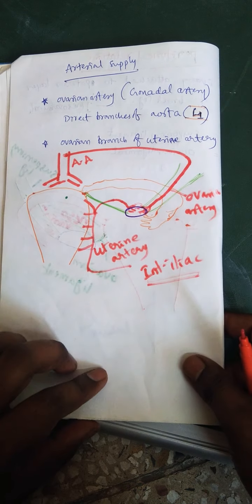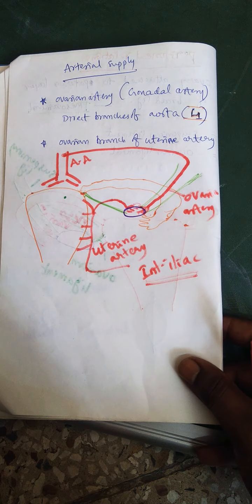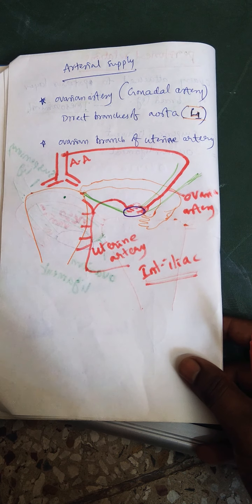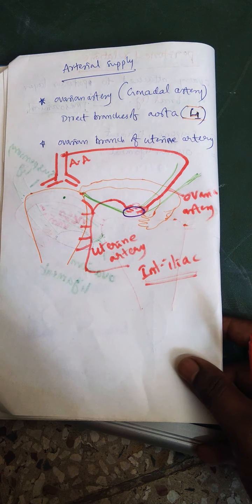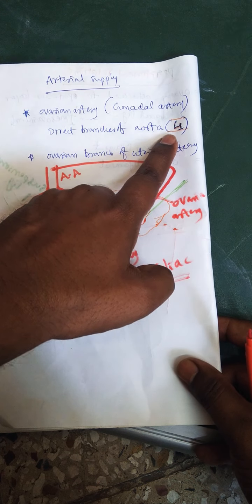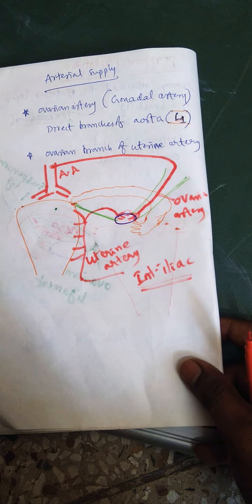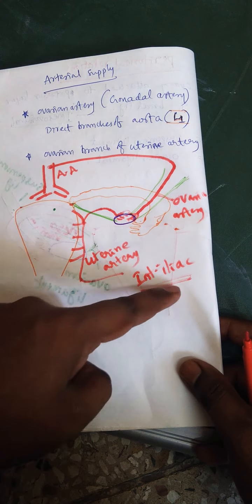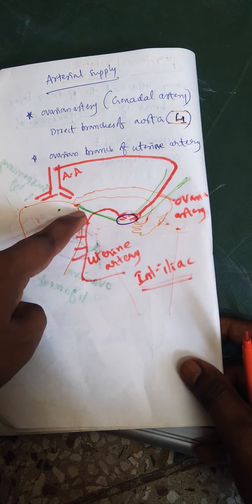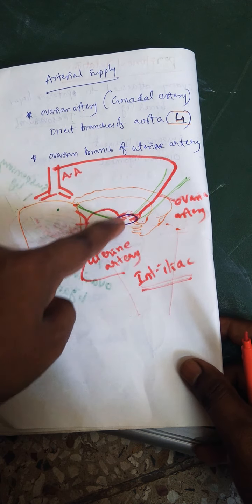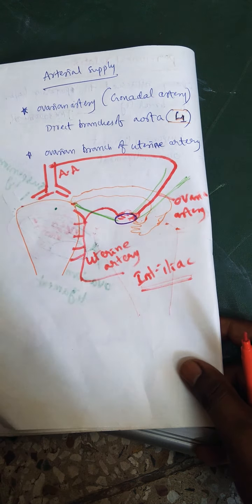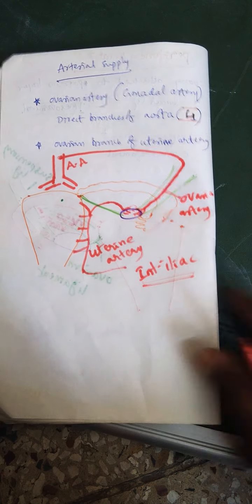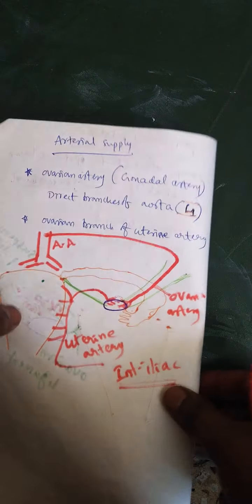So we have two sources: ovarian arteries, also called gonadal arteries, direct branches from the aorta. The level of origin of the ovarian artery is L1, the first lumbar vertebra. And the ovarian branches of the uterine artery come from the internal iliac, and you can see this course. And there is an anastomosis between the ovarian artery and the ovarian branch of the uterine artery.